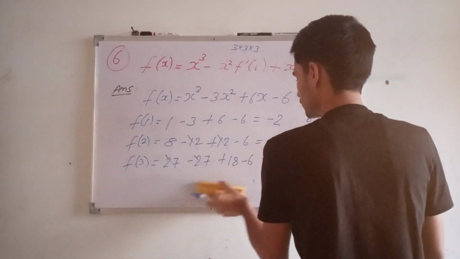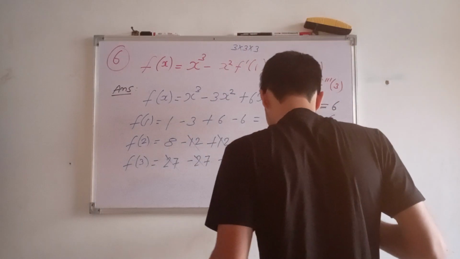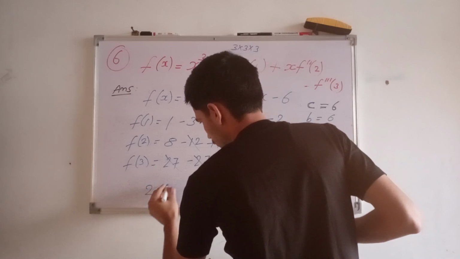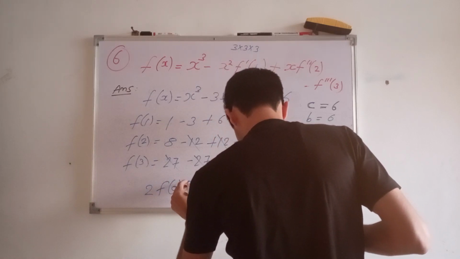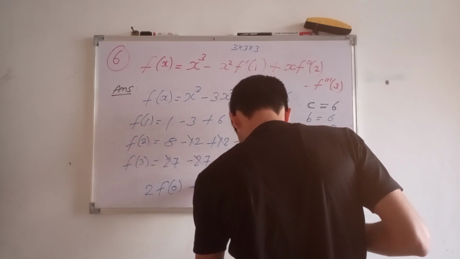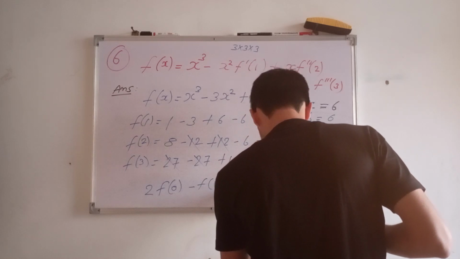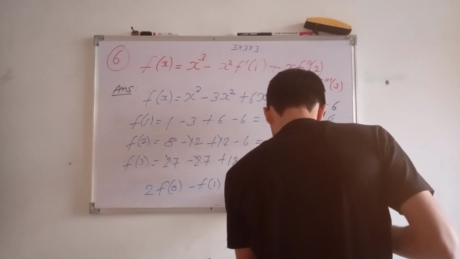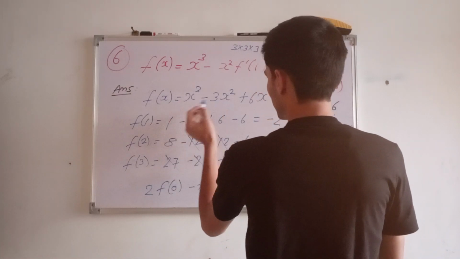So second option is also incorrect. Third option, 2f of 0 minus f1 plus f3 is equal to f of 2. We haven't found the f0, so what will be f0?